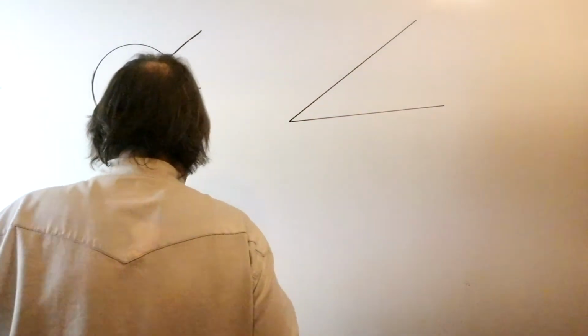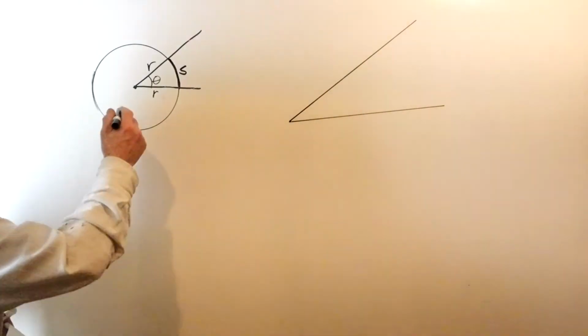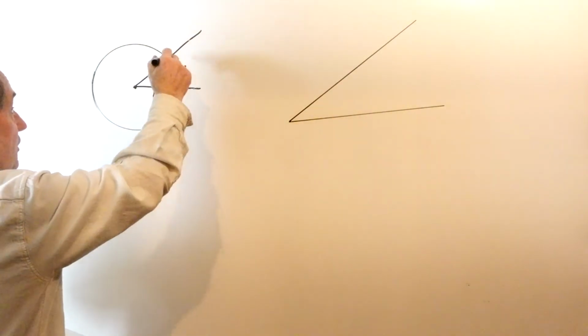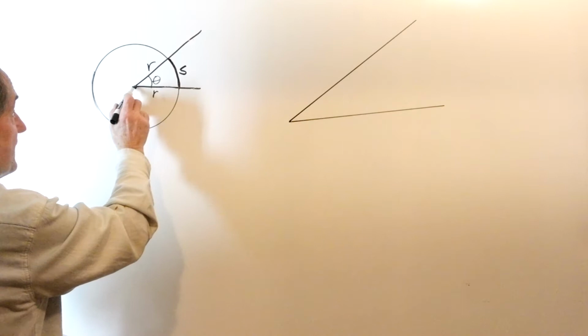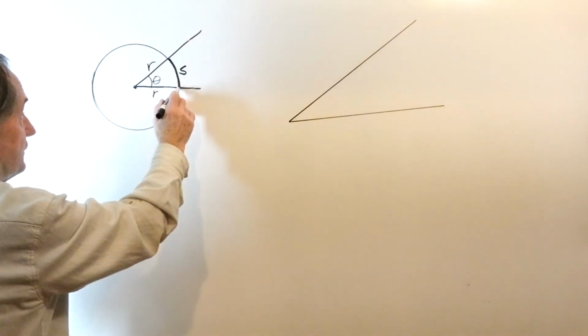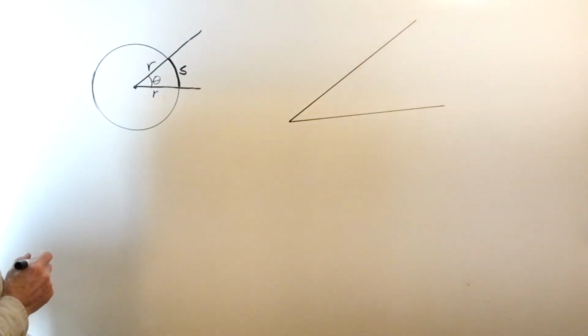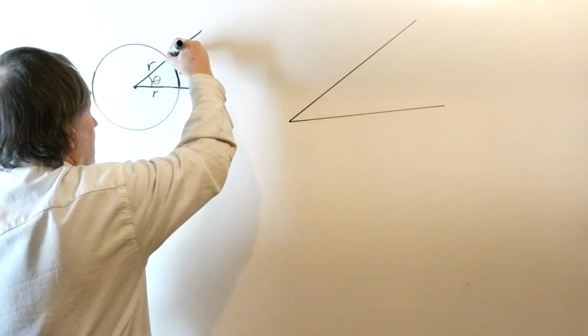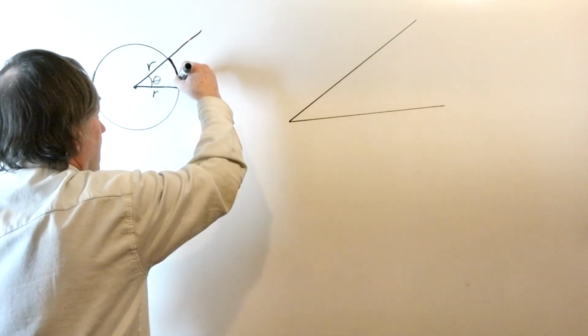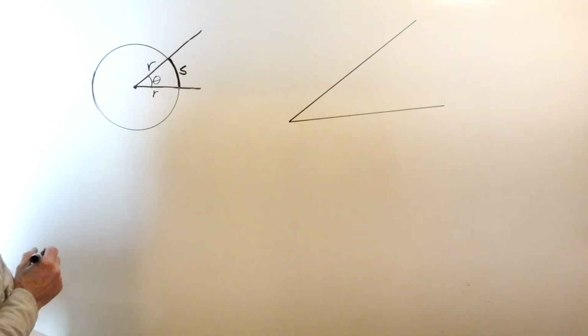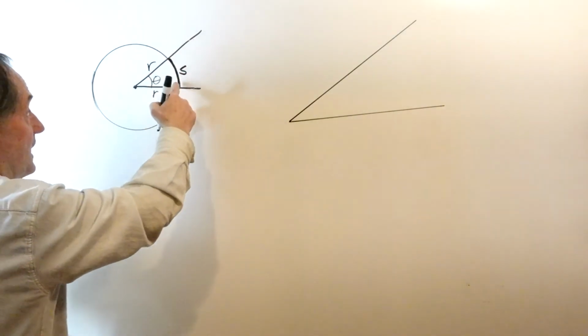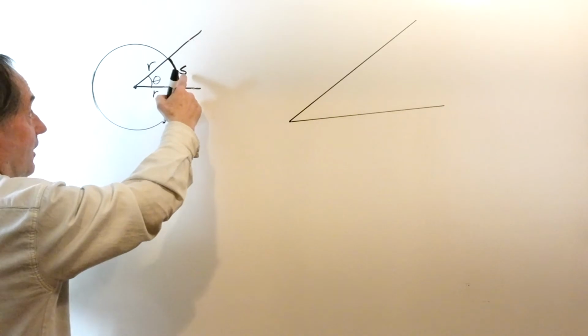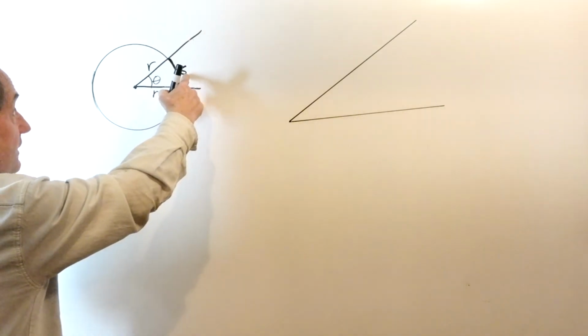And the way it's derived is, say we're given a circle of radius r. We have a center of the circle and a radius that goes out to the perimeter on the circle. Now we have a section of arc on the circle, and we will call the measure or the length of that arc S. That's arc length.